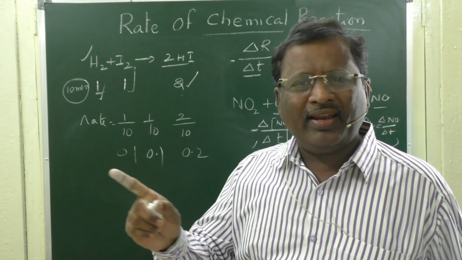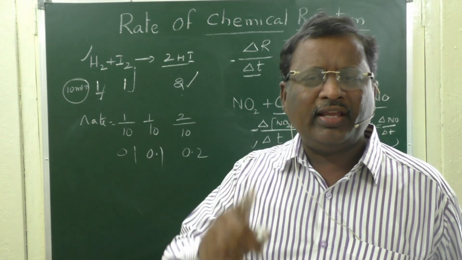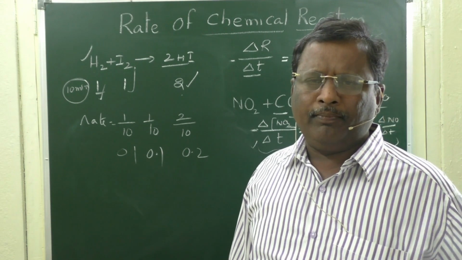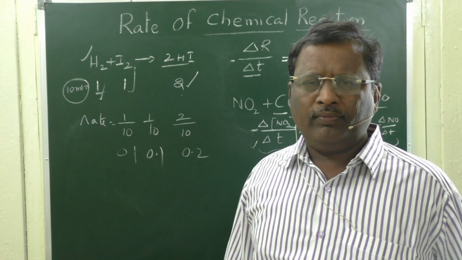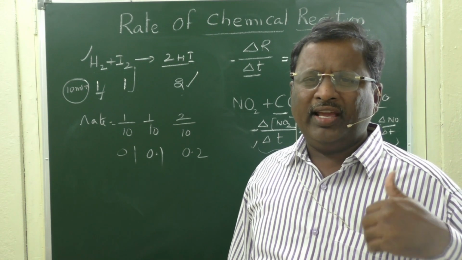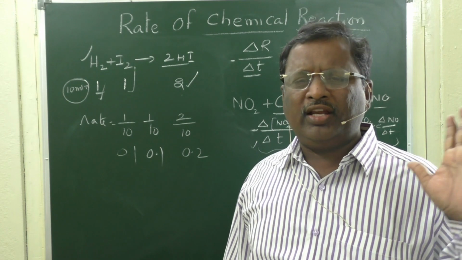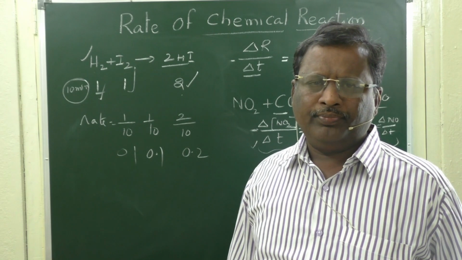So, disappearance is different from the rate of the reaction. Rate is always the same. It is irrespective of whether you are taking reactants or products, any one of the reactants or any one of the products. It is always constant.